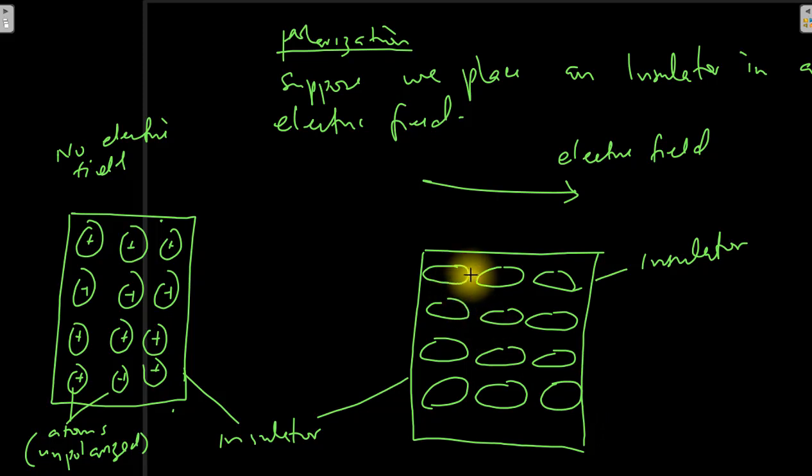Since the electric field is in this direction, the negatives will all go to this side and the positives will go to the other side. Positive, negative, positive, negative. So as you can see, these are now polarized atoms.